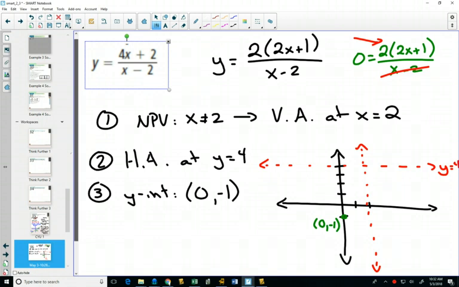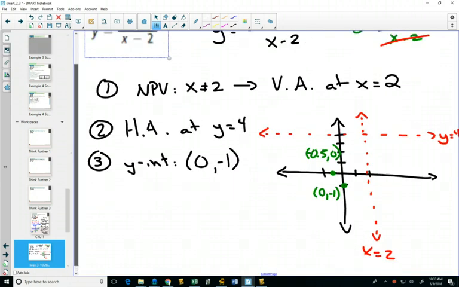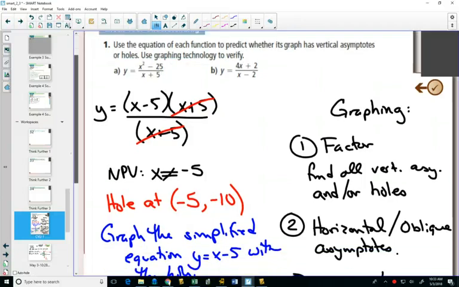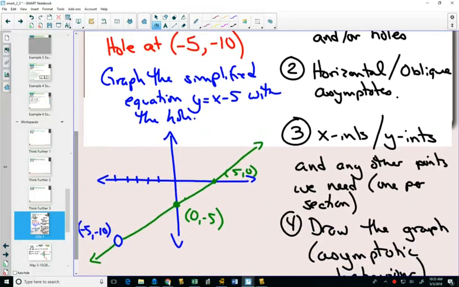So we're going to get our x-intercept at (-0.5, 0). Now in step 3, when I wrote out the steps for graphing, I wrote find your x-intercepts and y-intercepts and any other points we need, 1 per section.